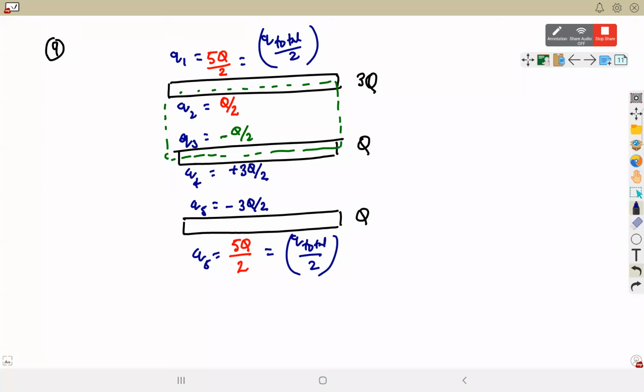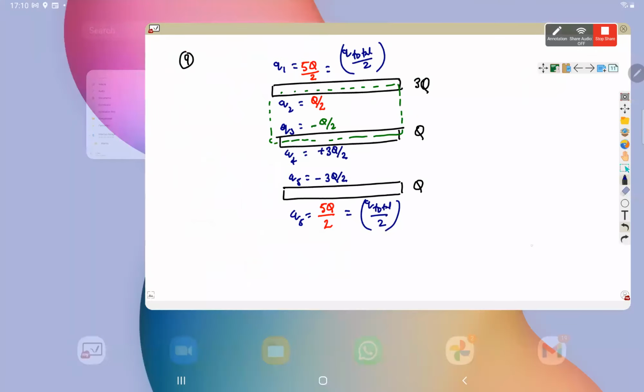One was concentric metallic shell, another was the parallel plate concept. So answer to question number 9 is which option? Q3 and Q5. Yes, it's option A.